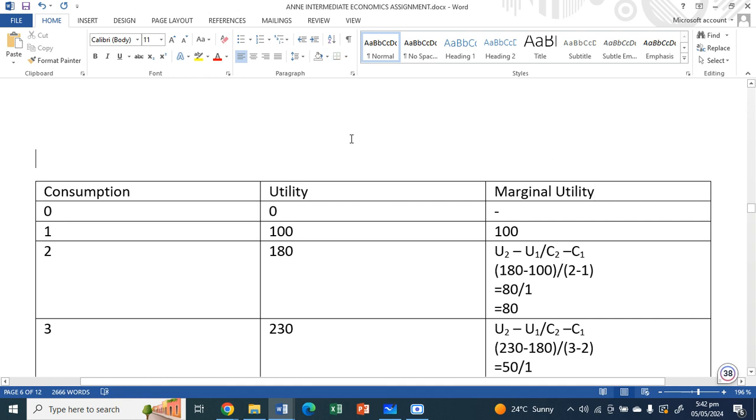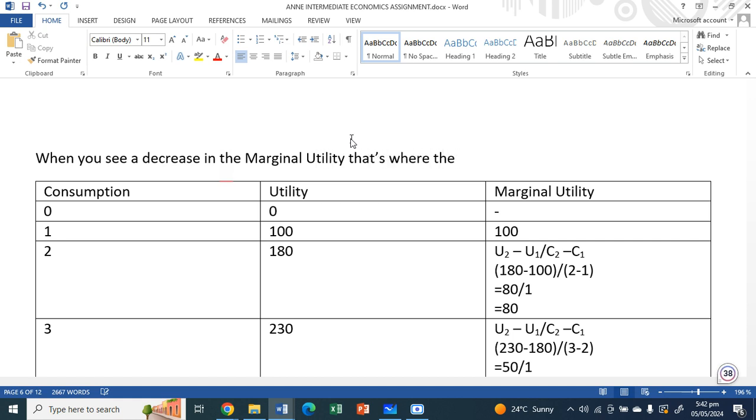When you see a decrease in the marginal utility, that's where the law of diminishing marginal utility begins.